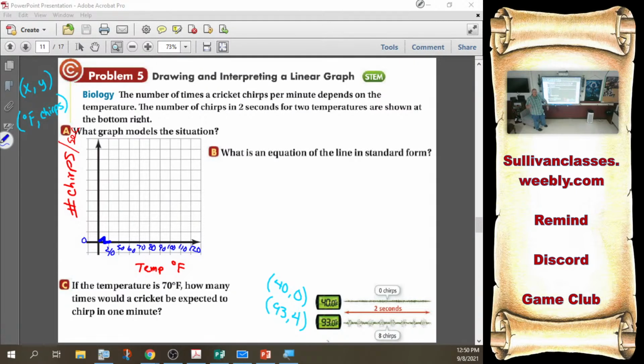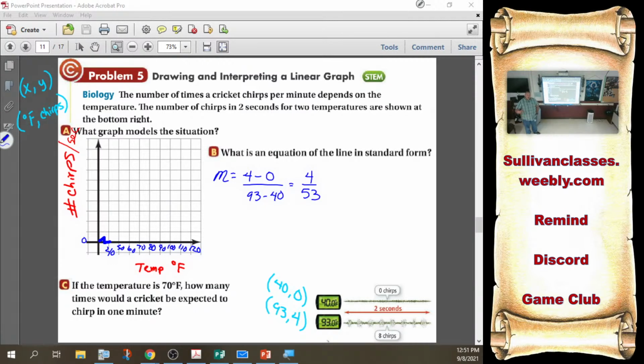I don't know. Let's go find that slope and let's make sure before we put anything else on here. Slope is y2 minus y1 over x2 minus x1. 4 over 53, which is awful close to 1/13th, but it doesn't reduce.